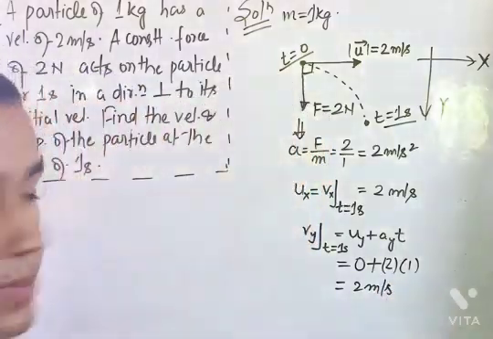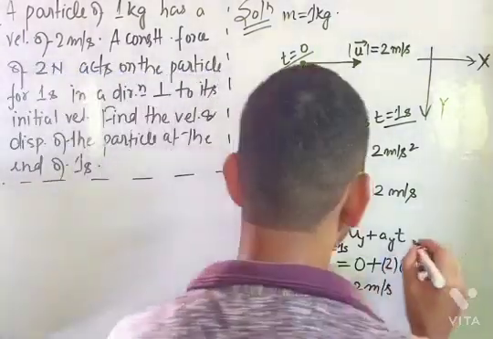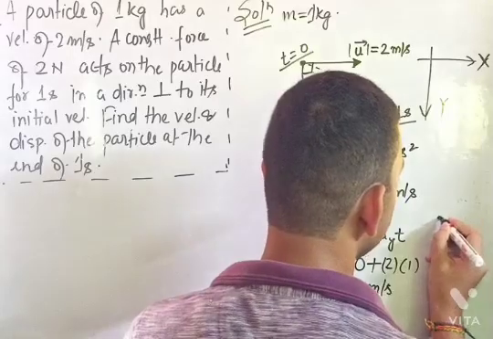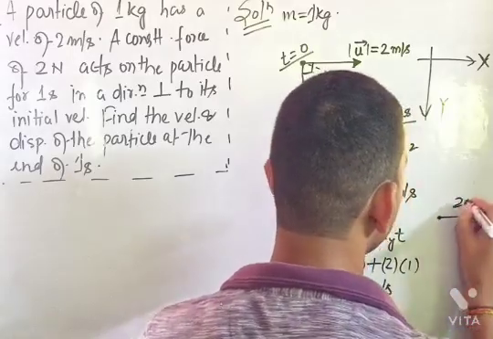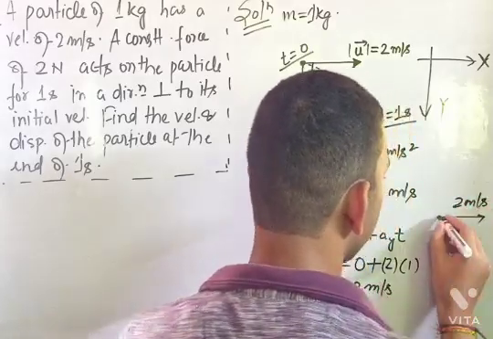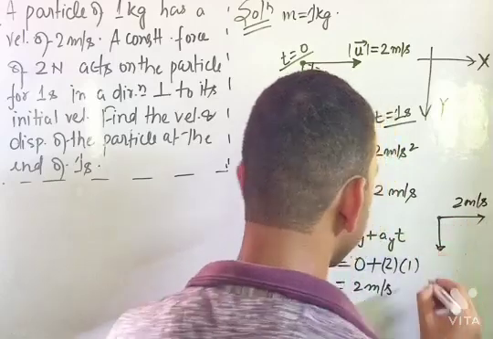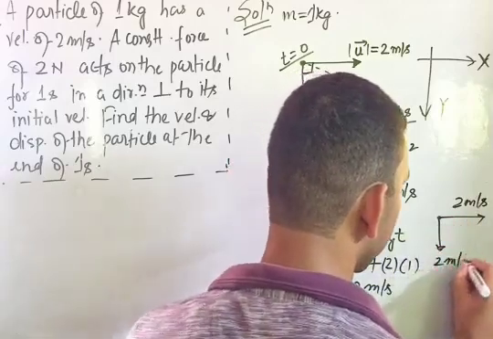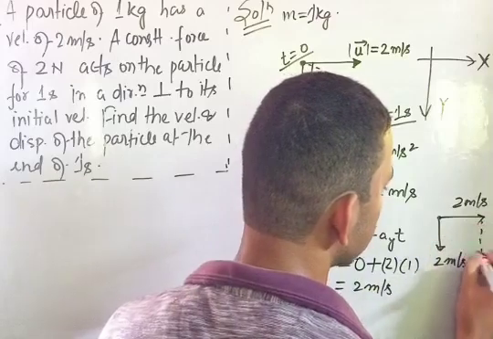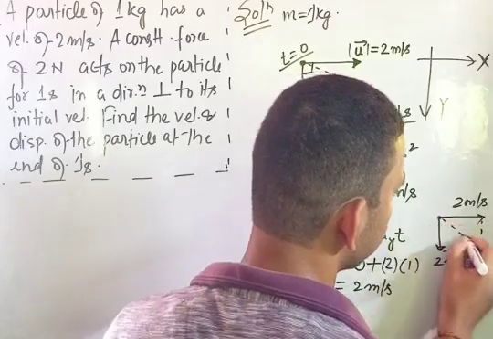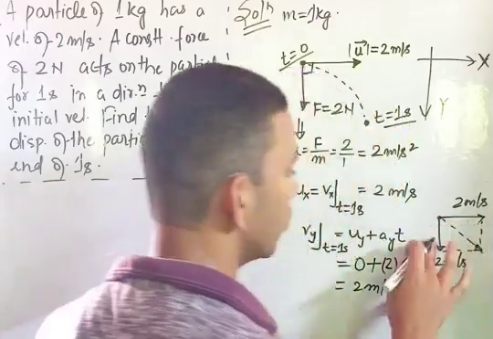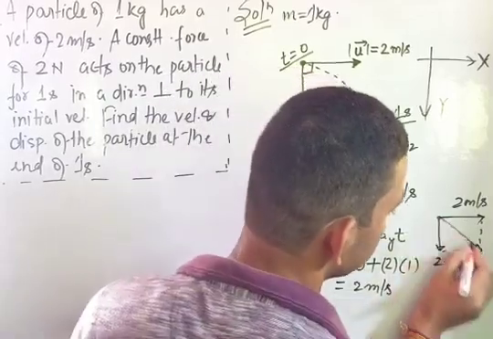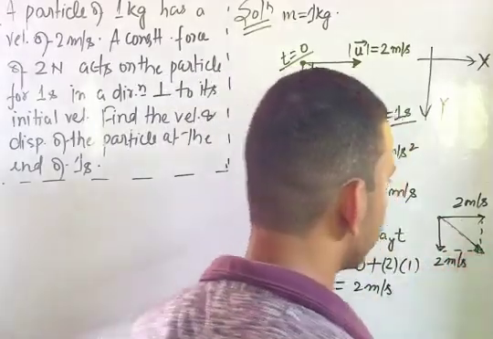That is, after 1 second, the component of velocity along x direction is going to be in this way, that is 2 meter per second, and the component of velocity along y direction is going to be the same, that is 2 meter per second. So net velocity we will be getting by joining both these two vectors, and the net velocity will be along this direction.